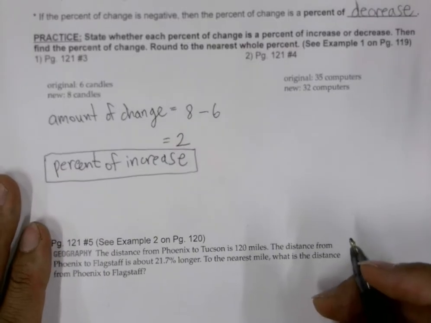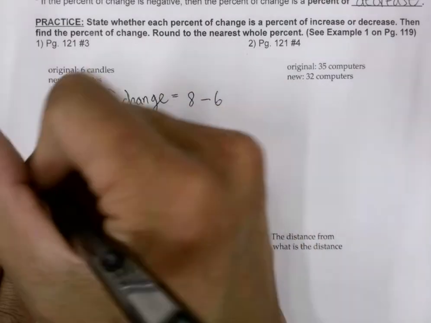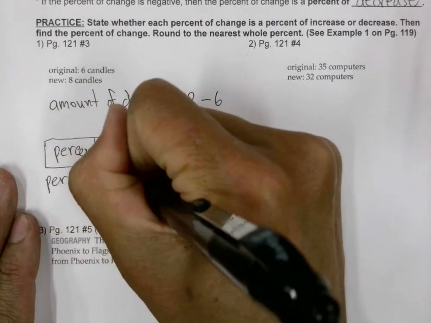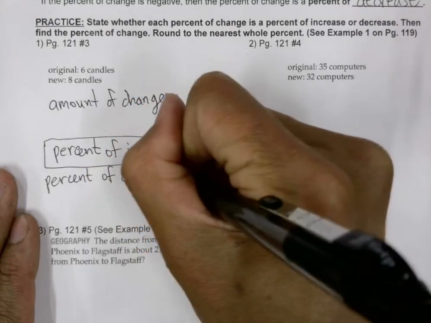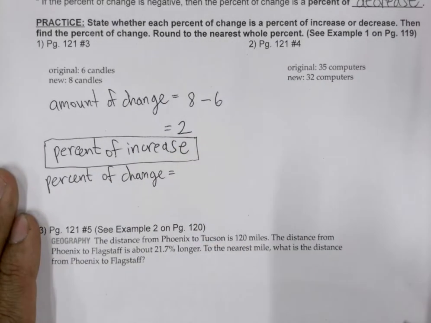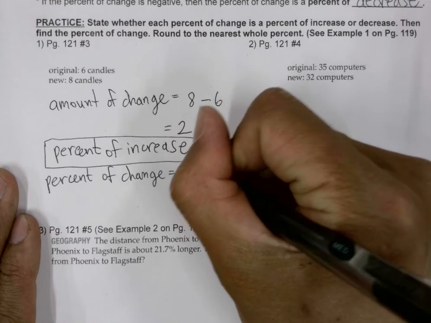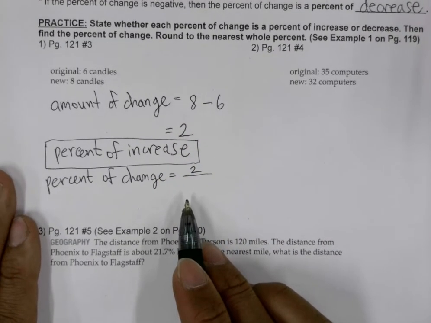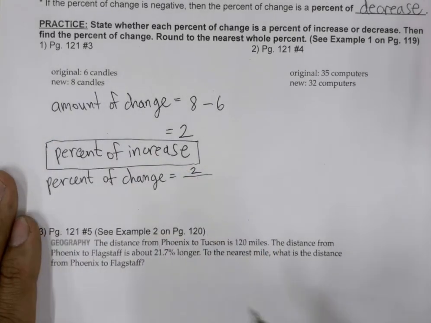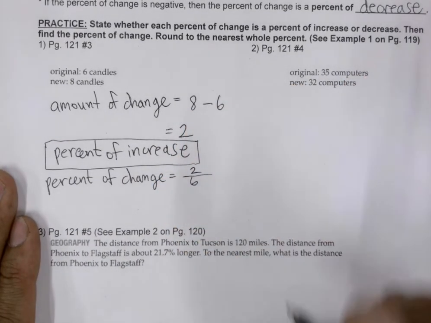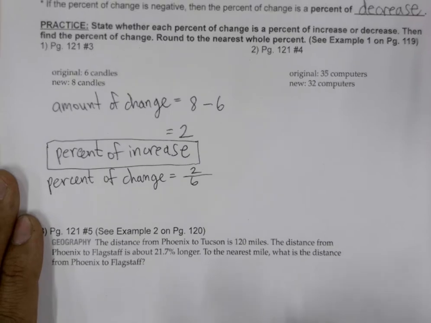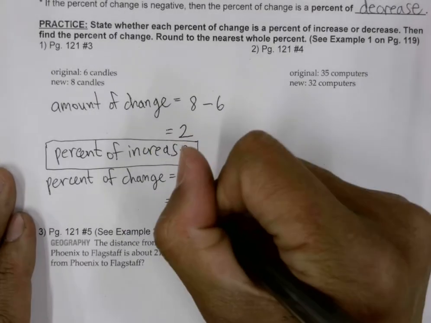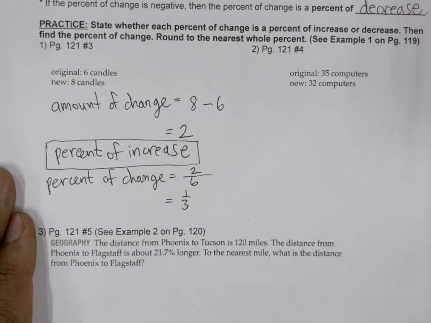So I can go ahead and state here that the percent of change is equal to the amount of change, which is 2 candles, divided by the original amount of candles, which is 6. So our percent of change, after we do the division, is going to be 1/3.